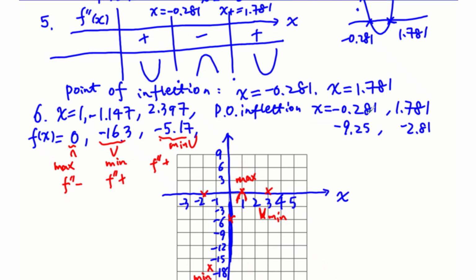So negative 0.28, negative 9. The part on the left opens up, so it is concave up.